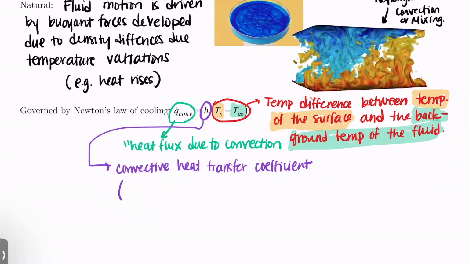And it has units of watts per meter squared Kelvin. All right, so that means that our temperature difference, we have to use Kelvin for these, for the units to work out, okay?